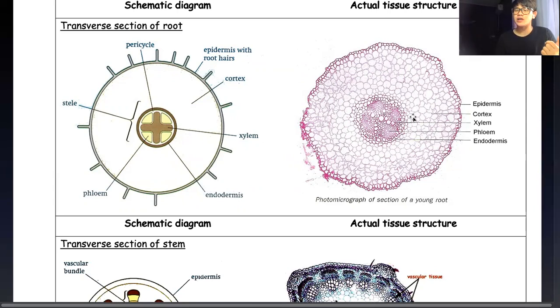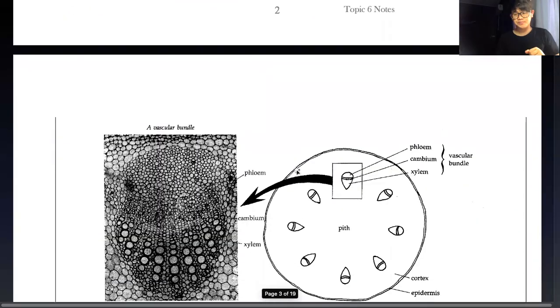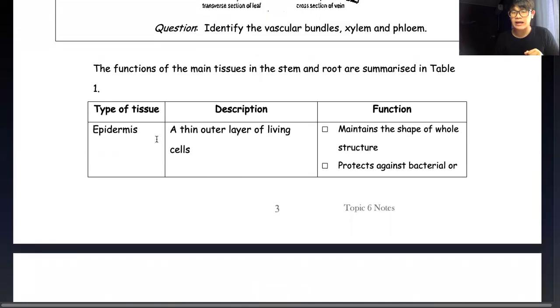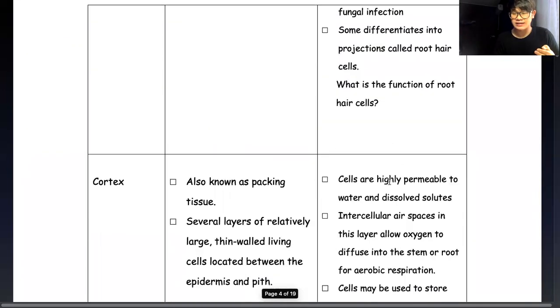You should know by now the position of xylem, arah roots, arah stem, arah leaves, as well as the position and function of phloem, arah roots, arah the stem, and arah leaves. And we've also looked at the functions of the different types of tissues, different types of structures that you can find in the stem, roots, as well as the leaves.